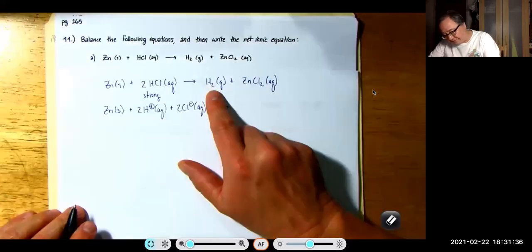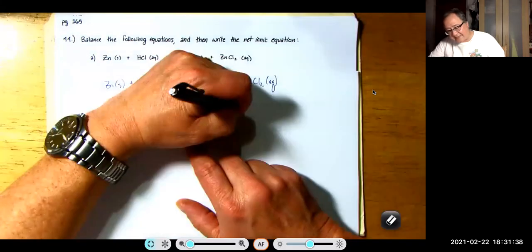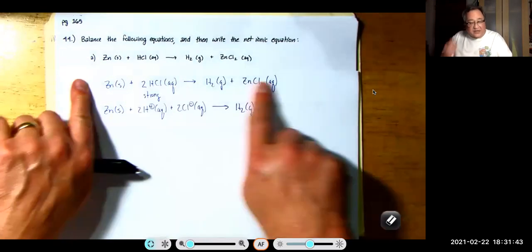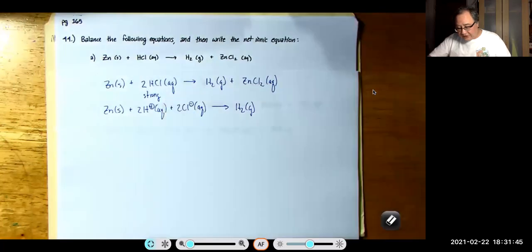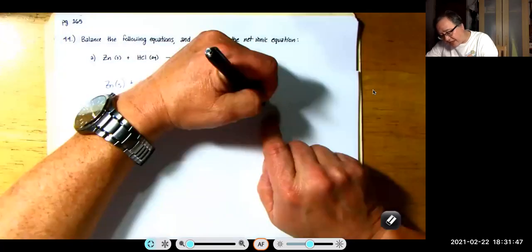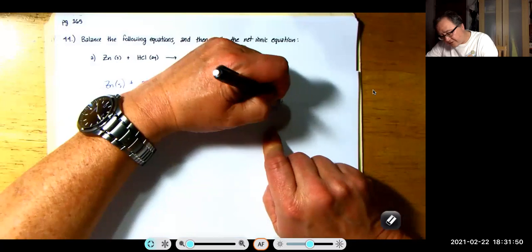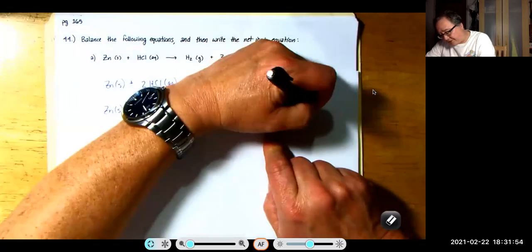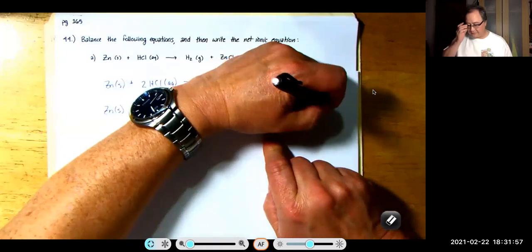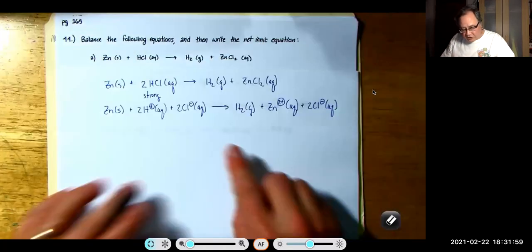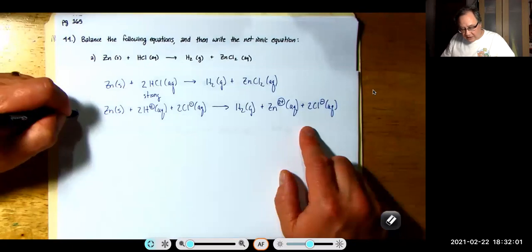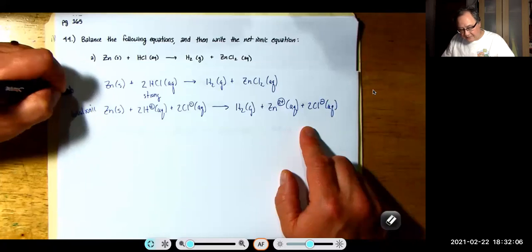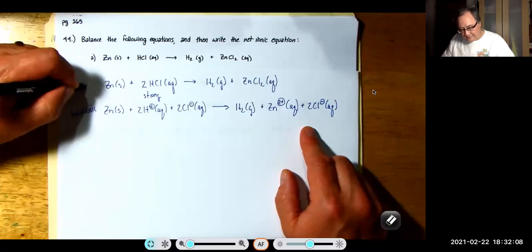What about the H2? Well, we just bring that down. The only time we think about splitting things apart is when it says aqueous. So this one is aqueous, so we're going to say we have zinc ions that are aqueous and chloride ions that are aqueous. So this would be the total ionic equation, where this is the balanced reaction.